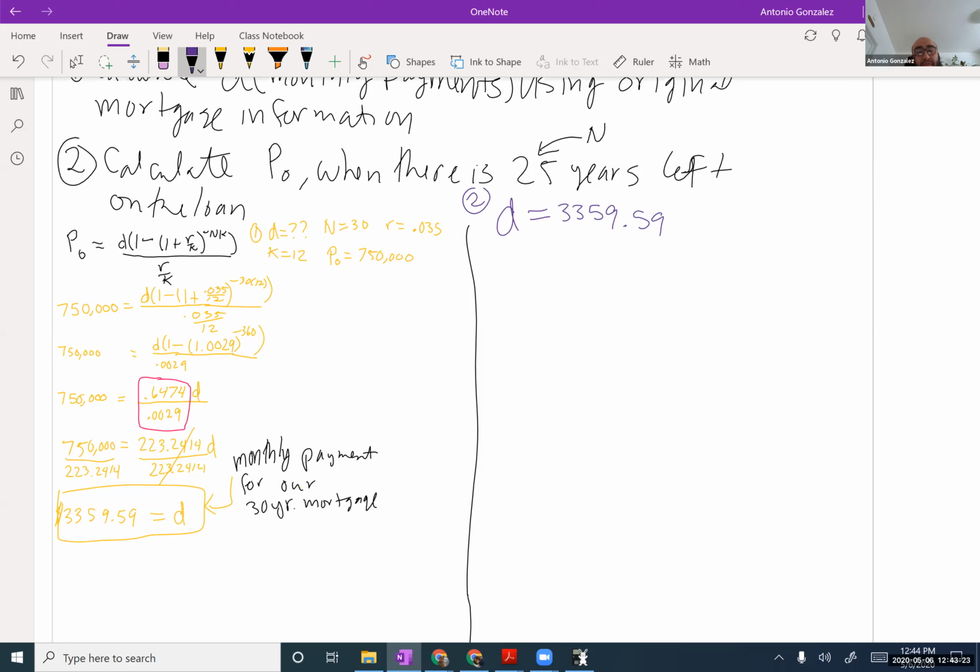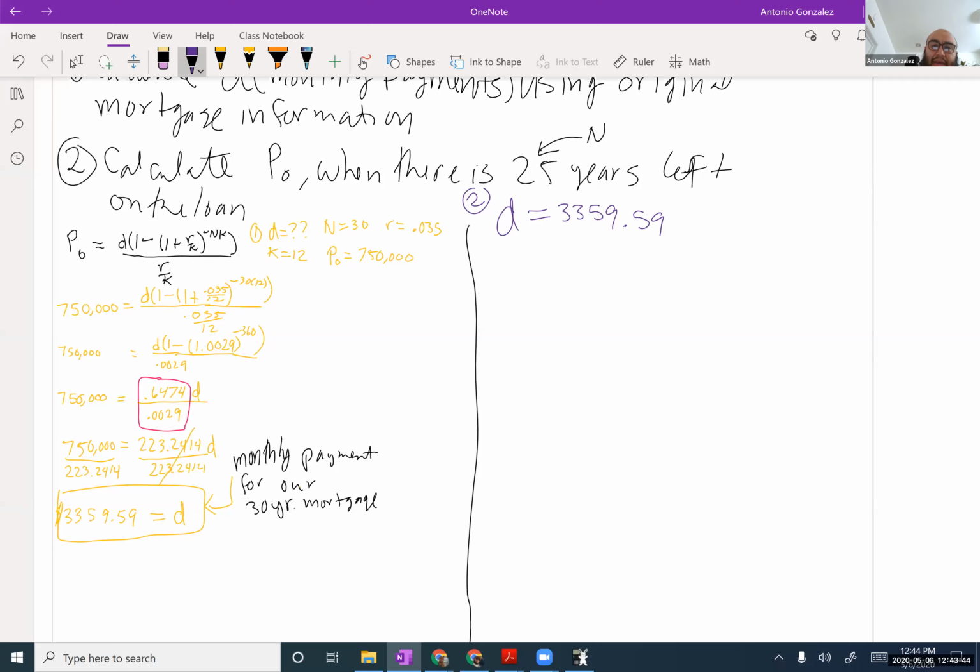So again, we've done part one, we figured out what our monthly payment is, and now I want to figure out, okay, it's been 5 years, maybe my family grew, I need to find a bigger place. So that is where I start by figuring how much do I actually have left on my mortgage.